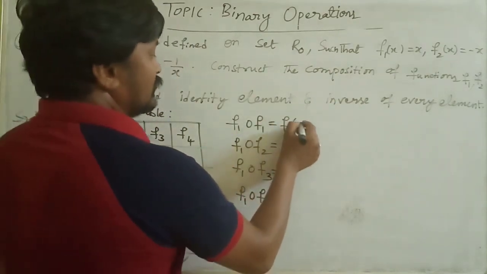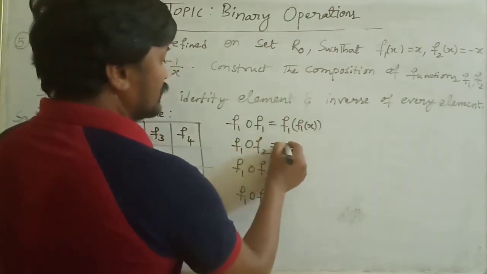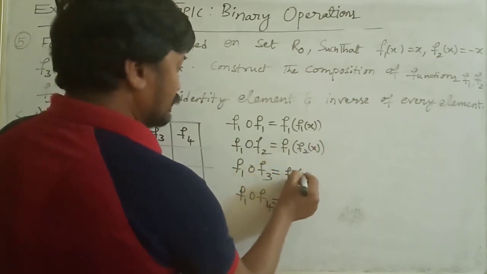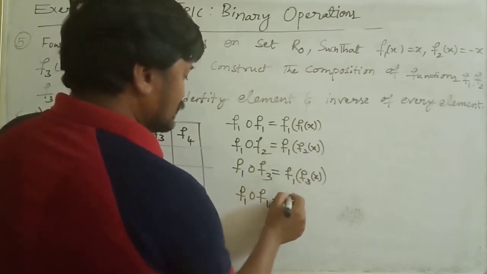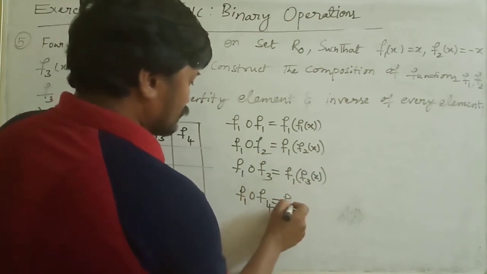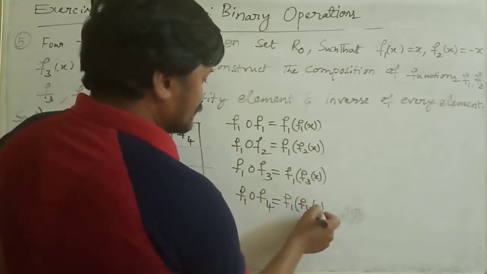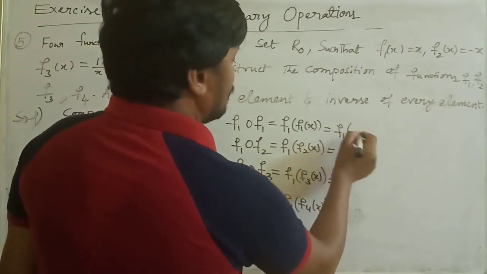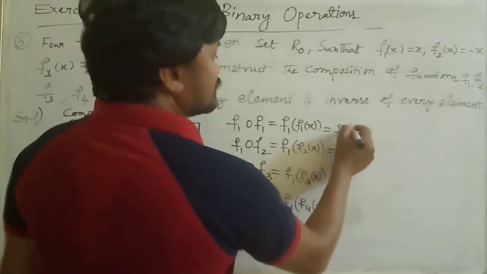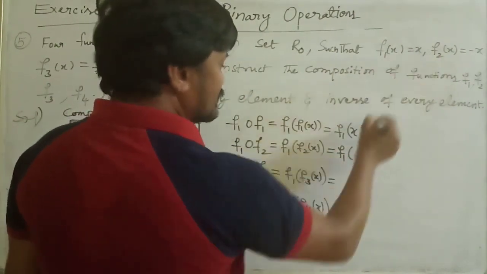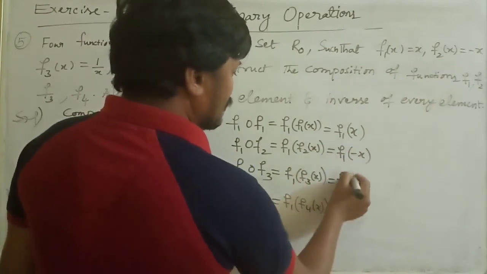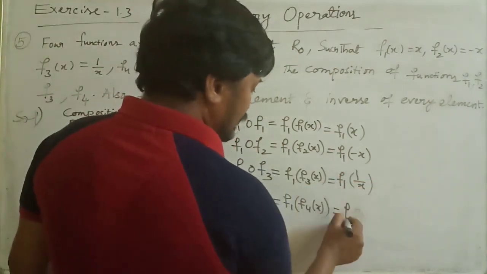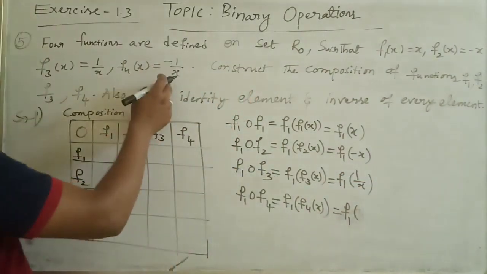So here f1 of f1 of x, f1 of f2 of x, f1 of f3 of x, next f1 of f4 of x. f1 of f1 of x is nothing but x, f1 of f2 of x is minus x, f1 of f3 of x is 1 upon x, and f1 of f4 of x is minus 1 upon x.